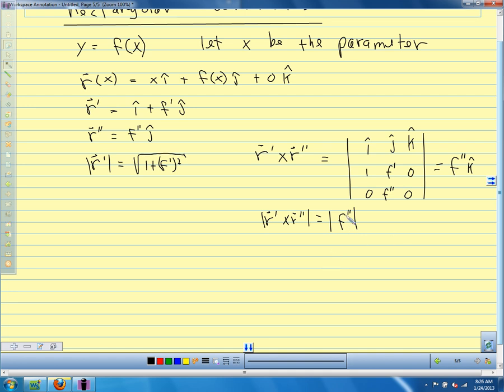And then we just substitute all these quantities into our expression for curvature. So our curvature in rectangular coordinates is going to be the magnitude of f double prime of x over, I'll write it this way, 1 plus f prime squared to the 3/2.